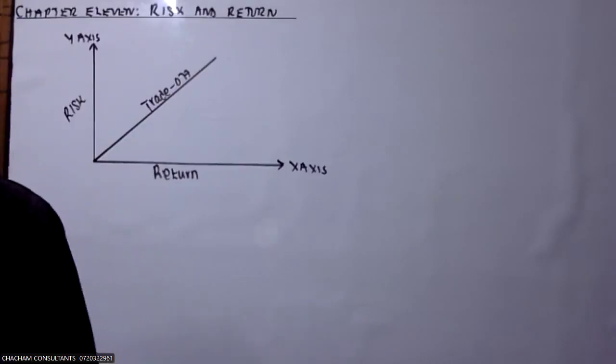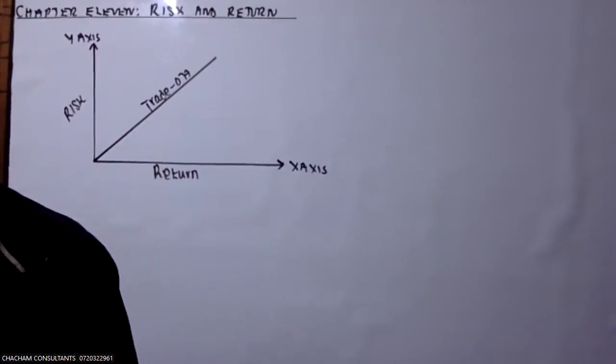So if you are there, the question says, an investor has presented the following information relating to forecasted returns of two securities, Y and Z, together with their respective probabilities.